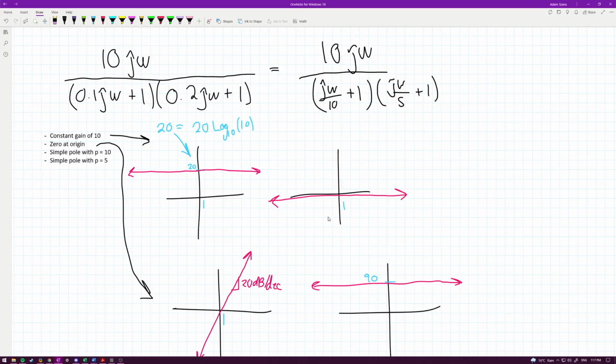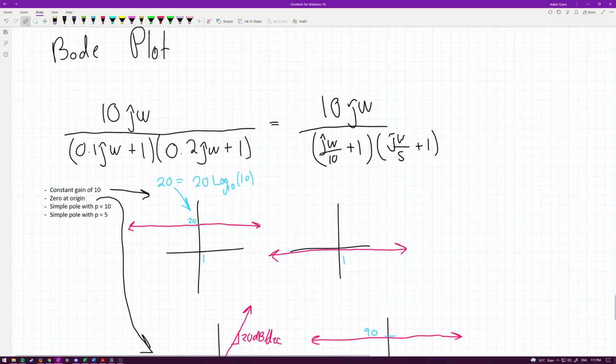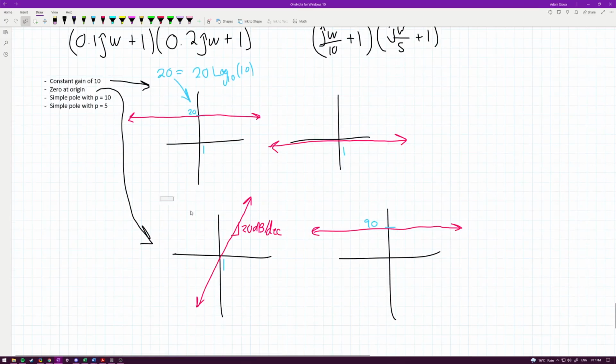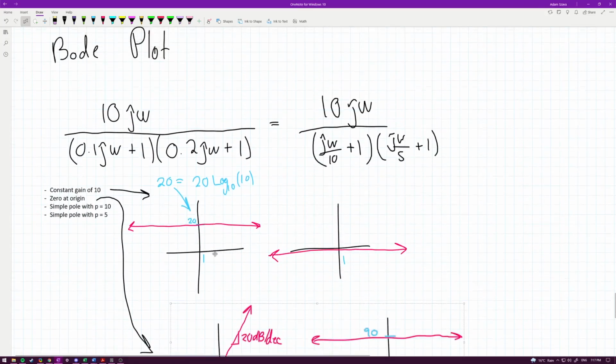Sorry, not that axis, this axis. This is the phase. But this is the 20 log base 10 of the magnitude of H of omega. Even here, it's also 20 log 10. We do it like that because it lets us sketch it like this, break things apart, and then add the graphs together.